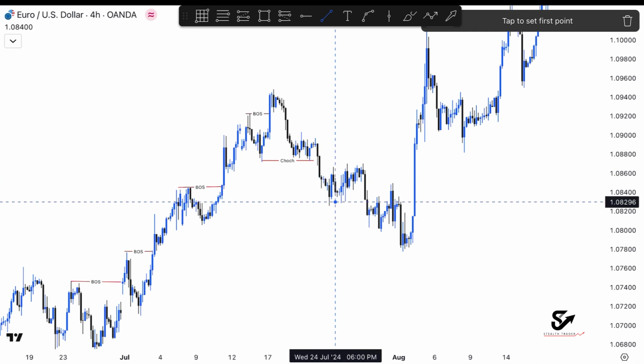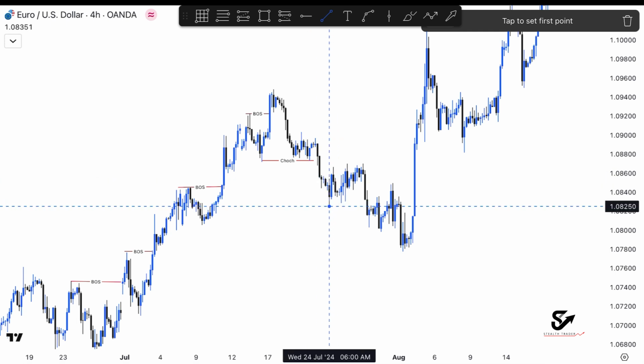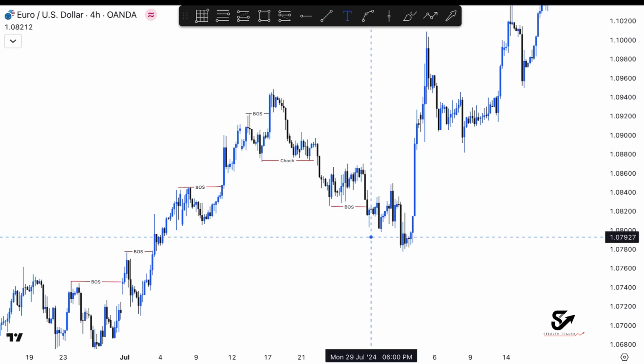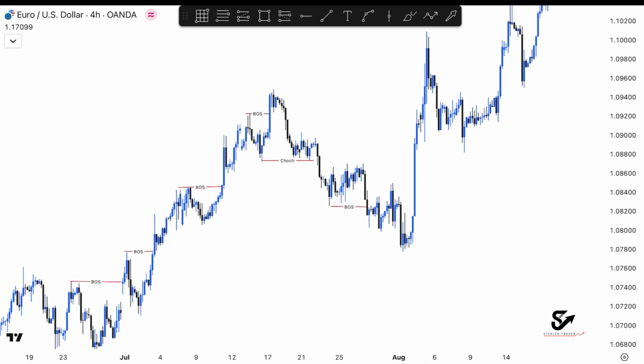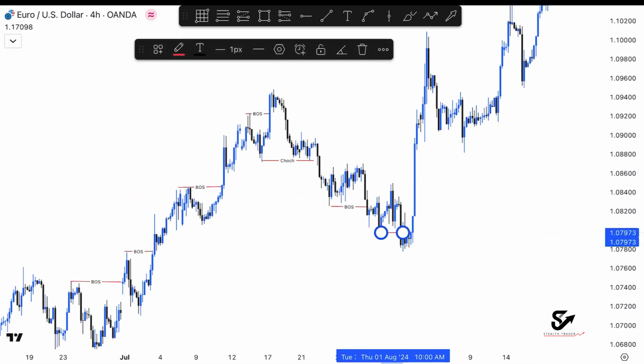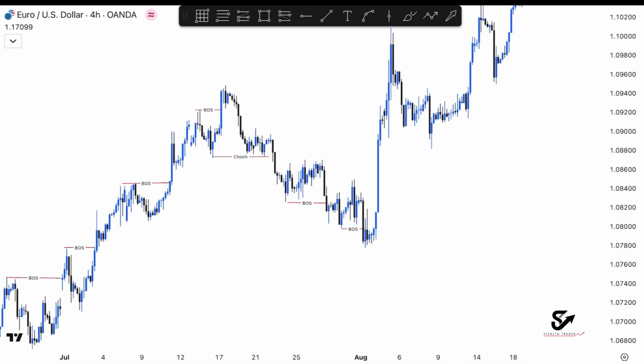After the change of character, what do we see again? A break of structure, right? That's a break of structure right there. Same thing happened again, a break of structure still, right? Break of structure. But then guess what happened again?